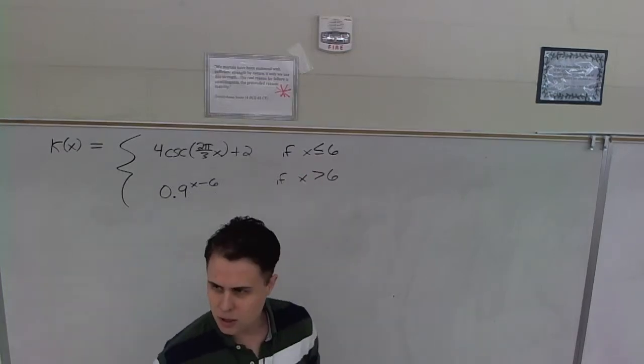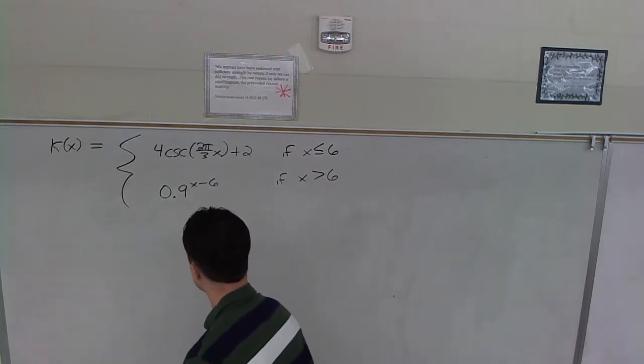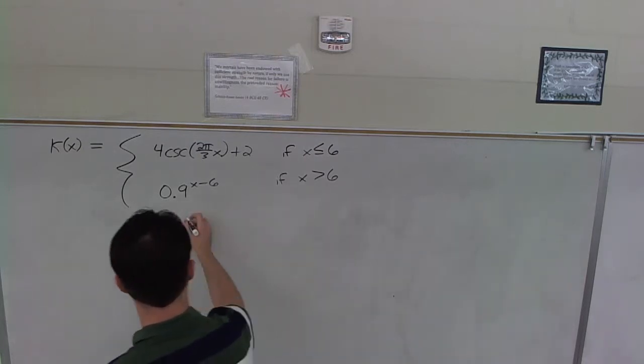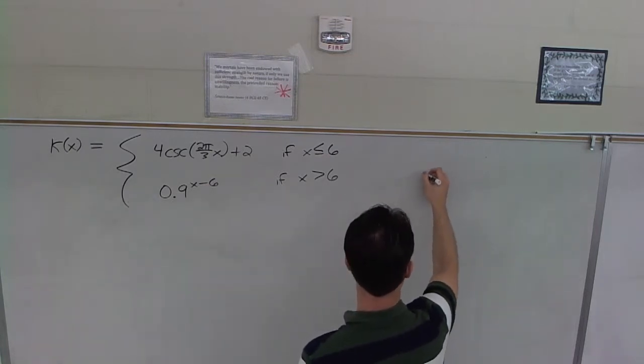So first, I think I asked you to plug in some things and then we'll graph it. So that's what we'll do. So I'll try to graph it like down here. Let's graph it over here.